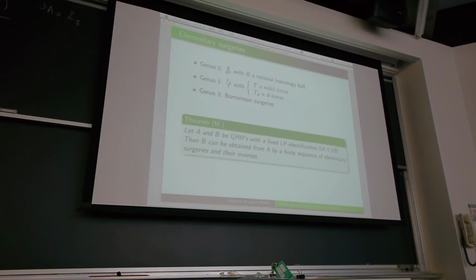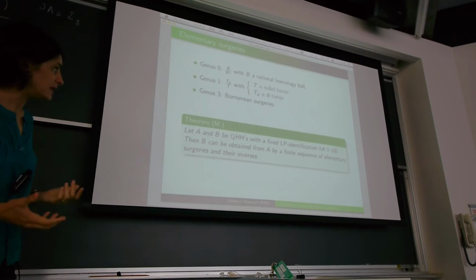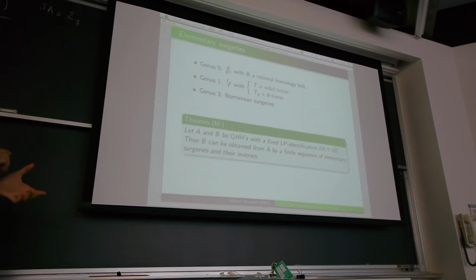Okay, so with these elementary surgeries, indeed we can produce any Lagrangian preserving surgery. So that's what this result says. If you take two QHSs A and B with a fixed LP identification of the boundaries, then they can be obtained from one another by a finite sequence of elementary surgeries and their inverses.